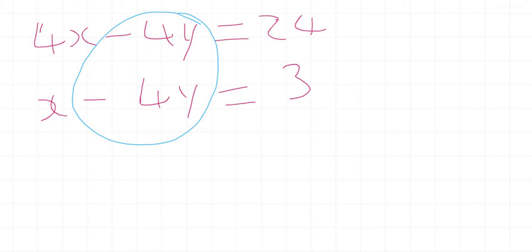The y values will be eliminated, and then we just have x all by itself, only x in the equation, and once you have one variable in the equation, that is so useful for us to actually solve for the variable.